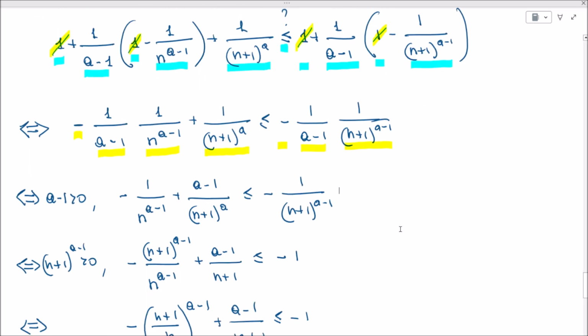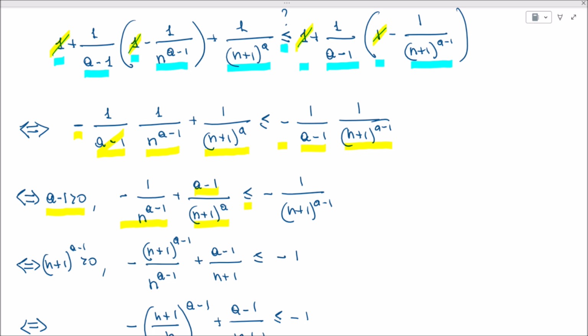Now let's do something. Because a is larger than 1, we know that a minus 1 is larger than 0, right? And if a minus 1 is larger than 0, we can multiply the whole inequality by a minus 1. The inequality will still remain valid. What we get at this point is minus 1 over n to the a minus 1, because we have simplified the a minus 1 in front. And the second term will become plus a minus 1 divided by n plus 1 to the a.